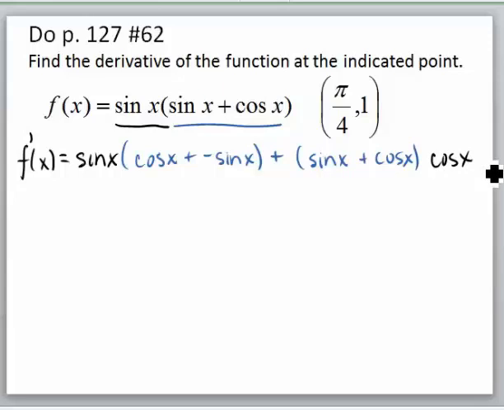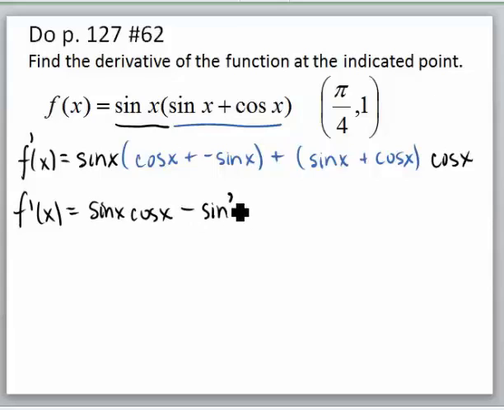Now I'll go ahead and distribute this through because I need to compute this for pi over 4. So I'm going to have sine x cosine x minus sine squared x. You should have learned this already, but sine x quantity squared can be written as sine squared x.